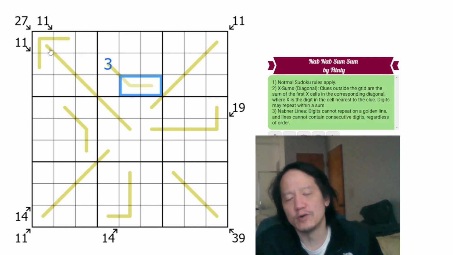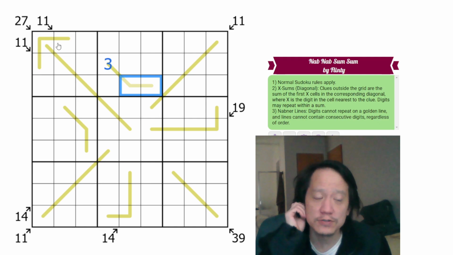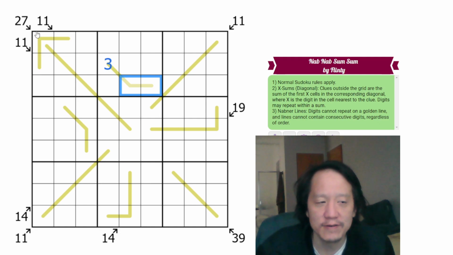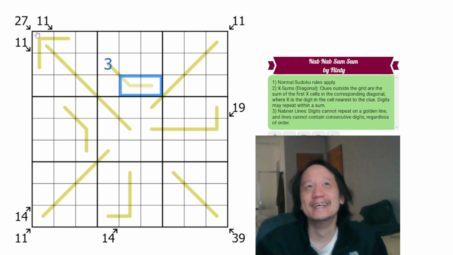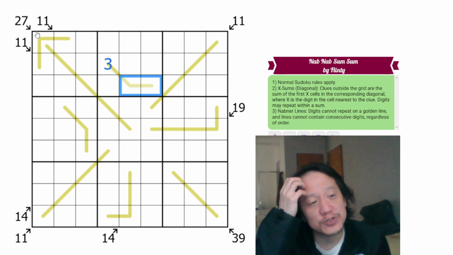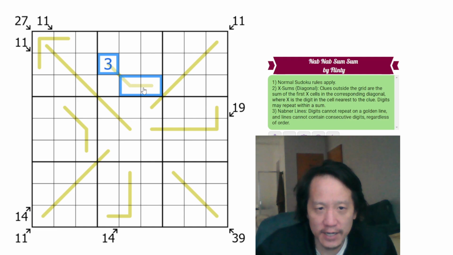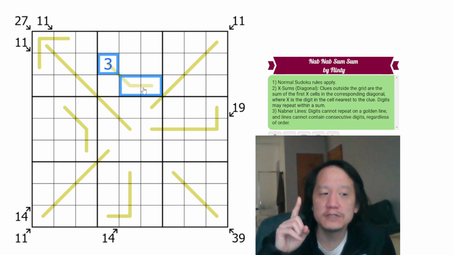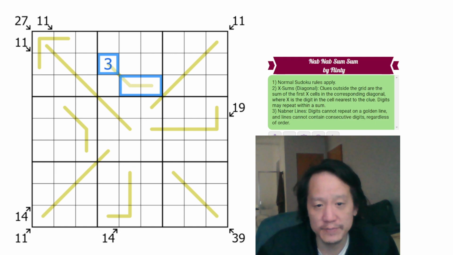So that's how Nabner got its name. It's basically the reverse of Renban. So you cannot on a Nabner line have repeats, and you cannot have consecutive digits.